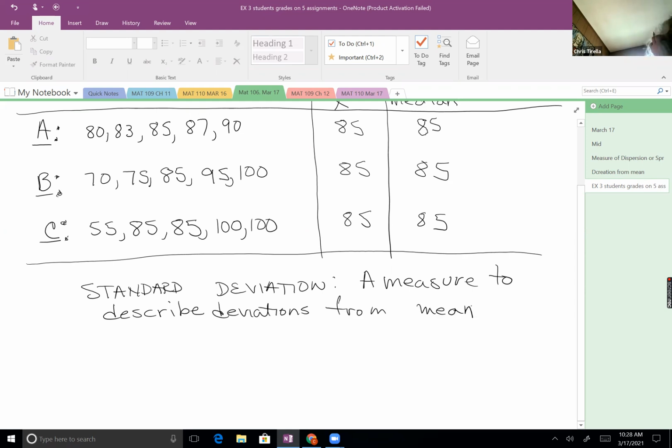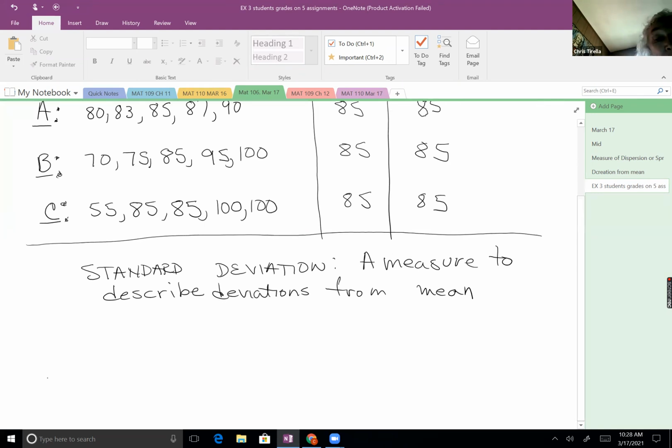And this is one of those things where you don't have to, but I learned how to find the standard deviation first in pre-calculator days. And I find that making a table helps me to find the standard deviation.